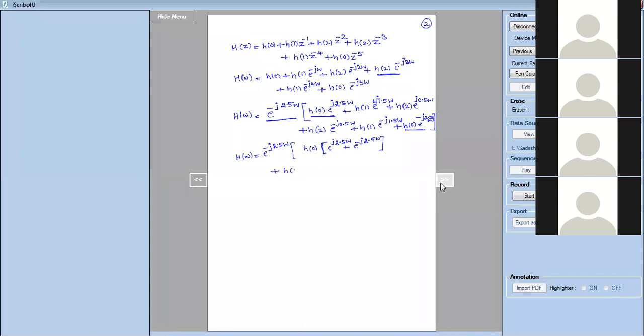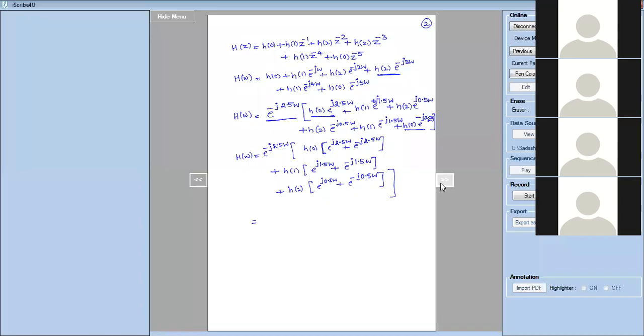Plus h of 1 into e to the power of j 1.5 omega plus e to the power of minus j 1.5 omega, plus h of 2 into e to the power of j 0.5 omega plus e to the power of minus j 0.5 omega.